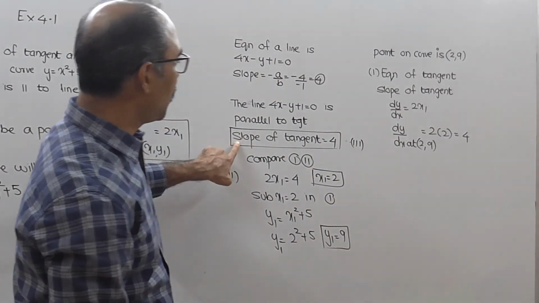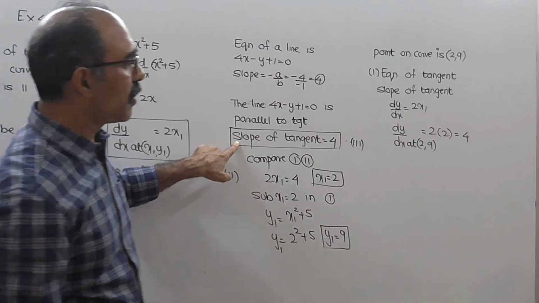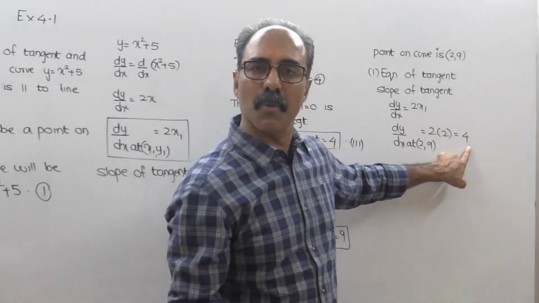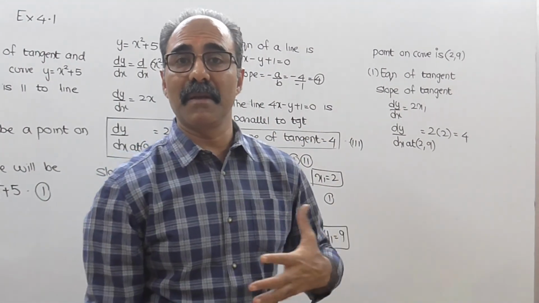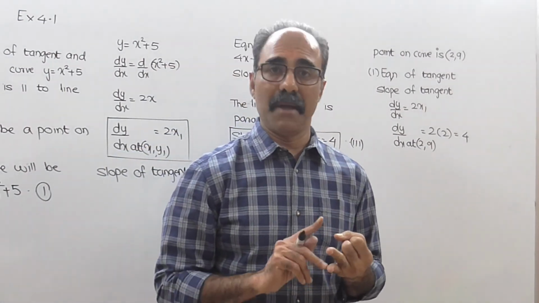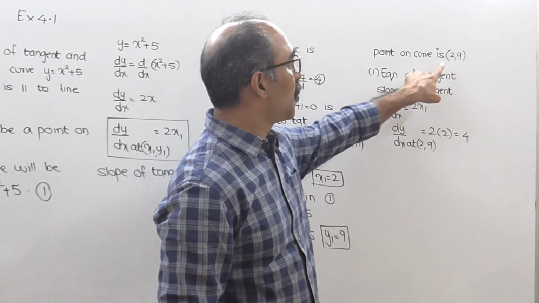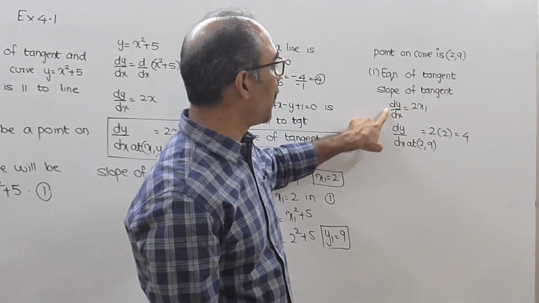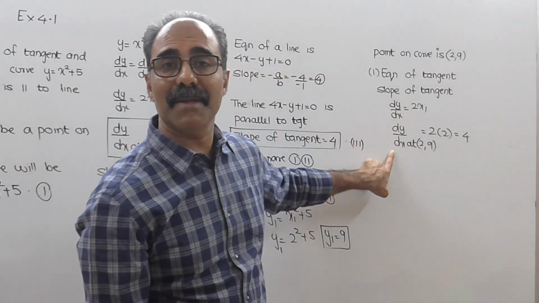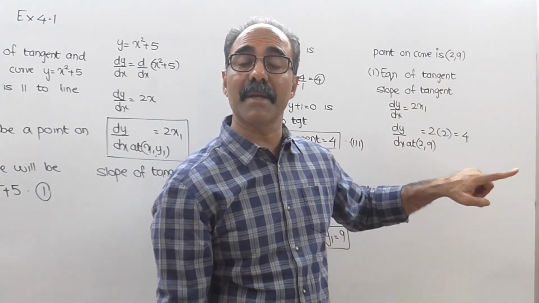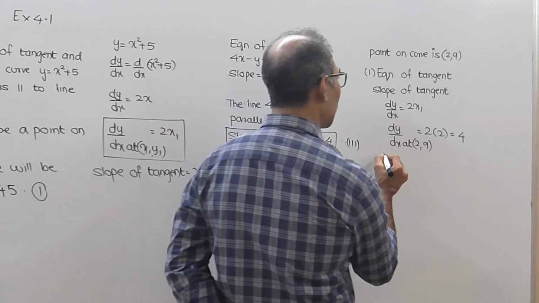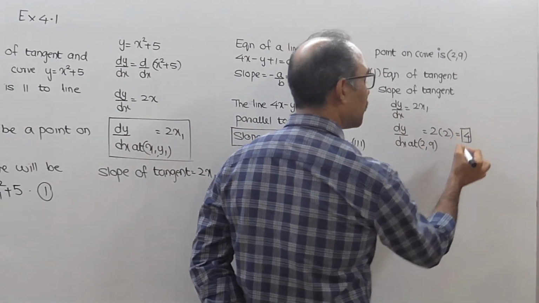I have written here slope of the tangent is 4. You can copy directly, no problem. How were we finding previously? An equation will be given, a coordinate will be given, you take the derivative of the given equation, and in the derivative we replace x with x coordinate, replace y with y coordinate, we get the value for dy by dx, and that dy by dx is nothing but the slope of the tangent.